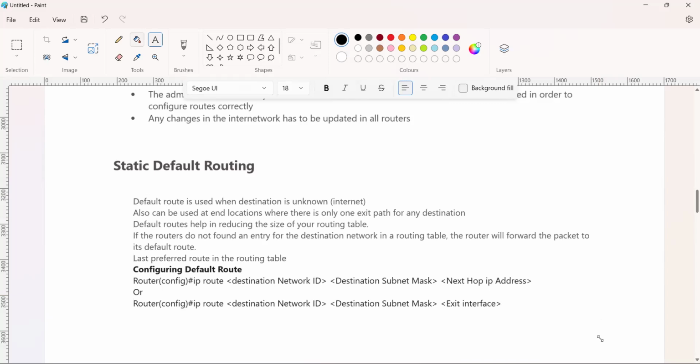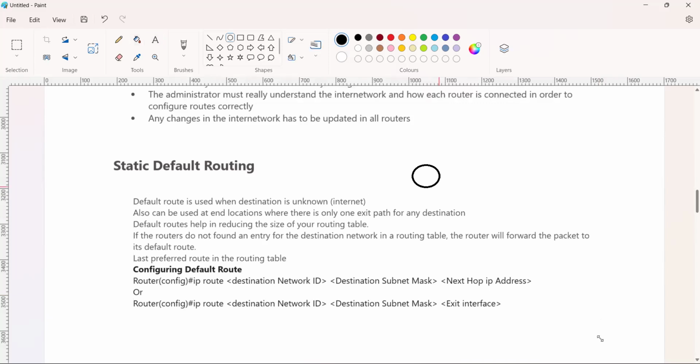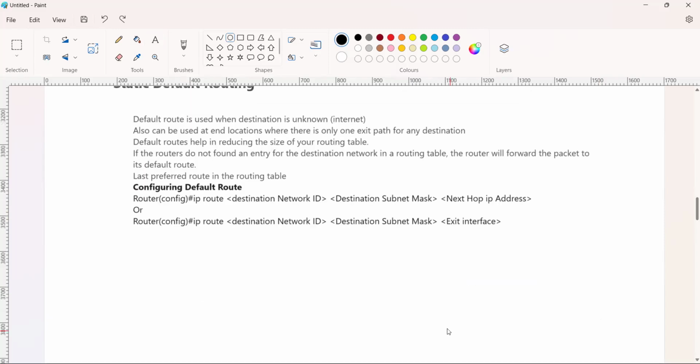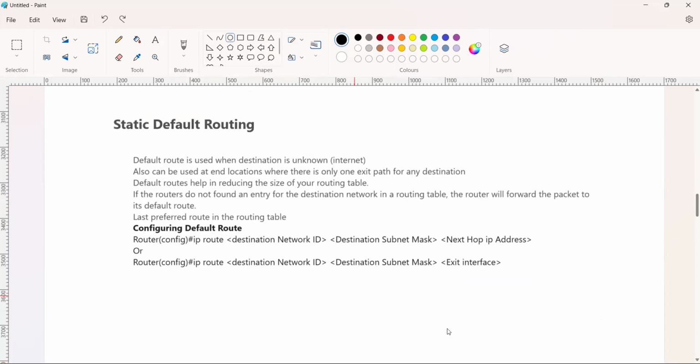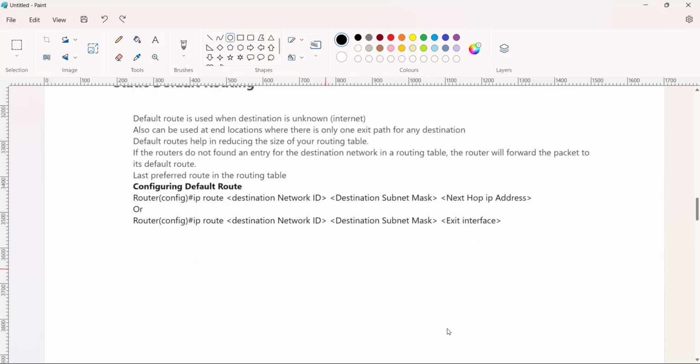And when will we use it? You can assume this is your LAN location, the entire LAN, and this is our WAN location.